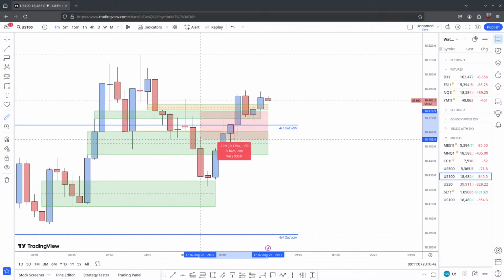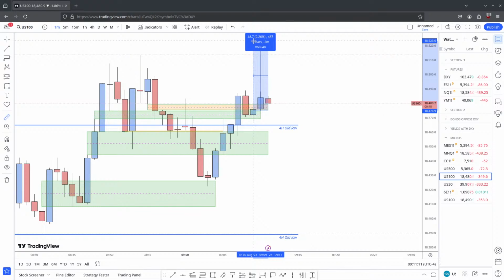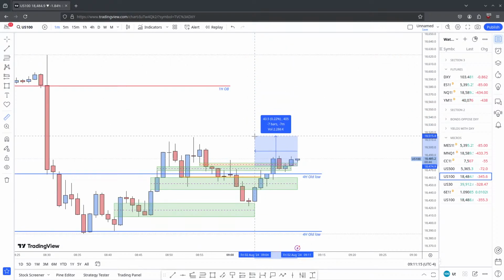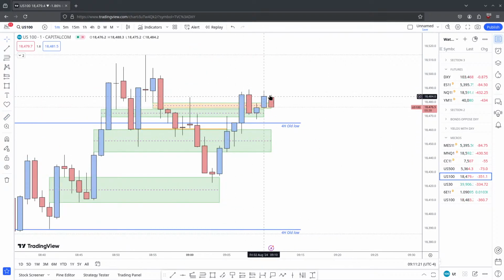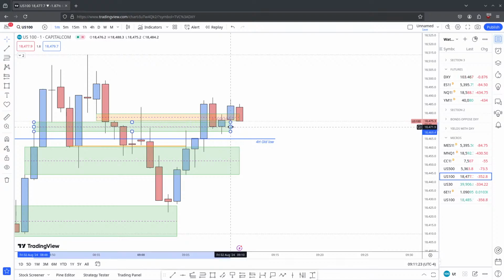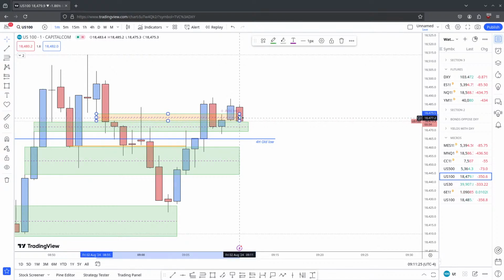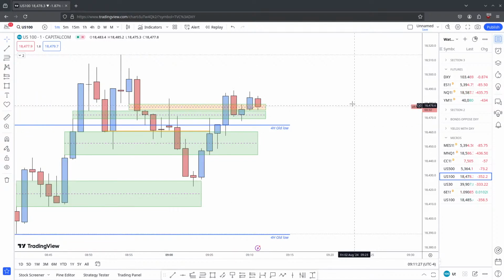You could take a stop below this one, which is 11%. And then you would be looking for 22, which would be above this high. Relative equal highs here. It's just not clean price action here. Not clean at all.